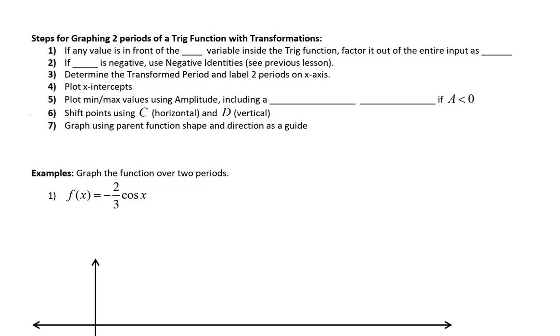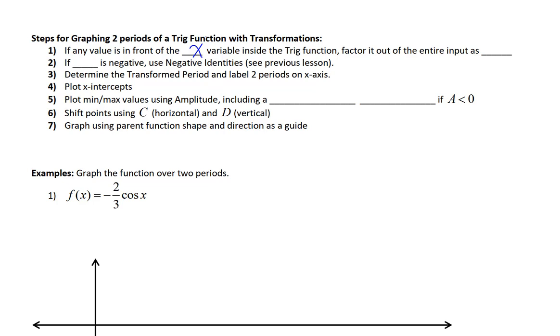First, if any value is in front of the x variable, and to be fair, I should say it doesn't always have to be an x. The main thing is that the input variable, maybe that could be written as a t or a theta or some other variable, but in normal beginning context it'll be the letter x. It's the input or the domain variable.